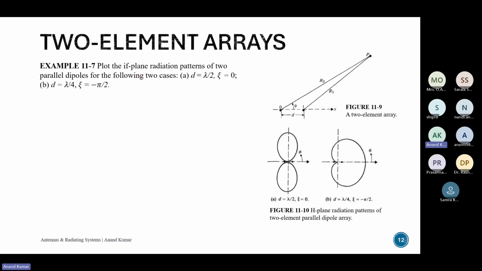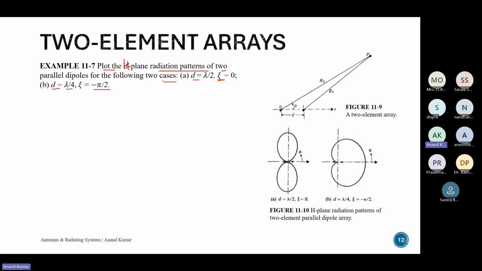Let's solve an example. This is the H-plane. We have to plot the H-plane radiation pattern of two parallel dipoles for the following cases: D as lambda by 2 and Xi as 0, and the other one is D as lambda by 4 and Xi as minus pi by 2.